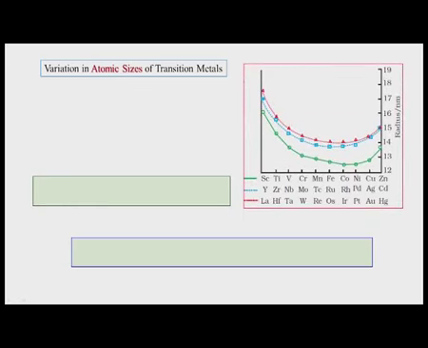As we move from left to right, this is another figure in your NCERT book, and you should recall it while you study the book. What is this plot? Remember it is the change in atomic sizes, not ionic. These metals from scandium to mercury are all in the 0 state, the metallic or elemental state.